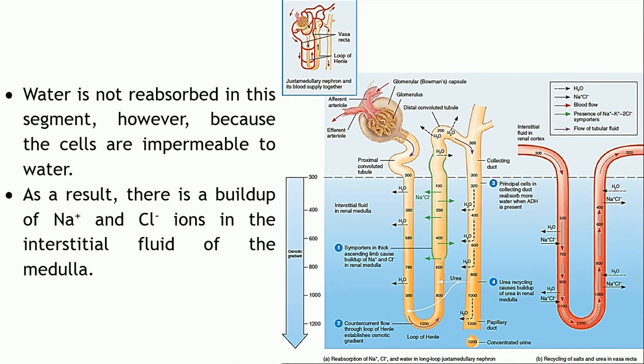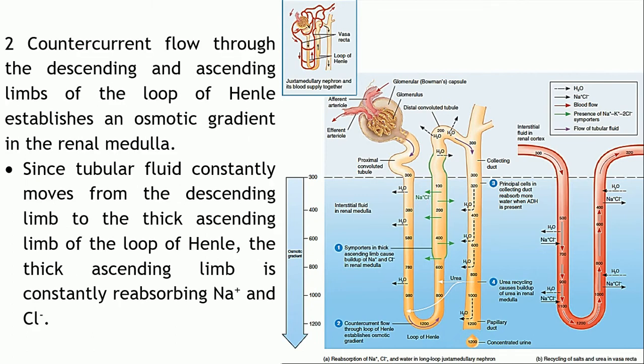Now in this particular region, as we have seen, water is not reabsorbed because the cells are impermeable to water, right. So as a result of this, what will happen? The sodium and chloride, there will be a build-up of these ions in the interstitial fluid. So only the ions are moving out of the tubular fluid into the interstitial fluid.